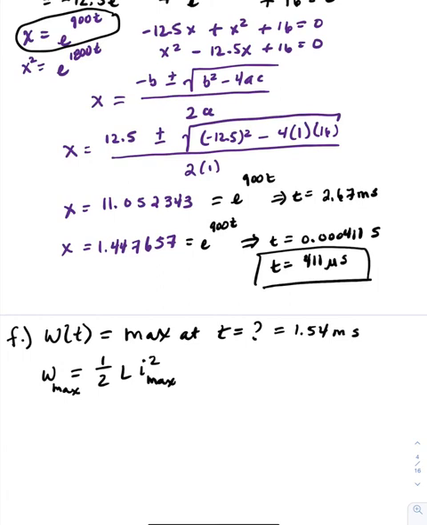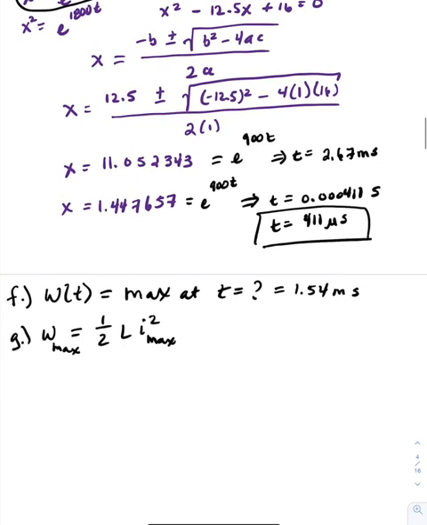Okay, so now we're on G, the maximum energy stored in the inductor. All right, so maximum energy stored is equal to 1/2 the inductor, which is 4 millihenry, so 4 times 10 to the minus 3, and i max squared.